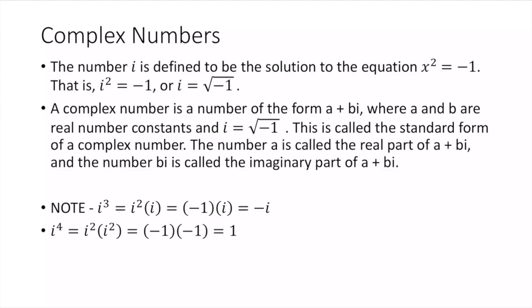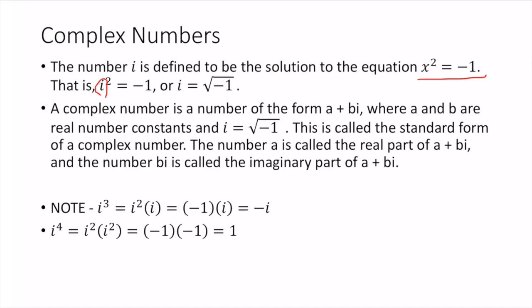Okay, so first, kind of an unrelated topic actually, but something that we have to know are complex numbers. What they are is the number i, which is defined to be the solution to the equation x squared equals -1. The number i stands for imaginary.